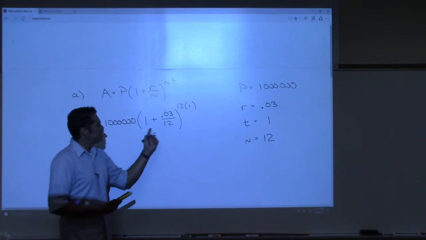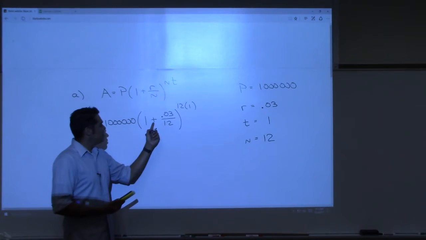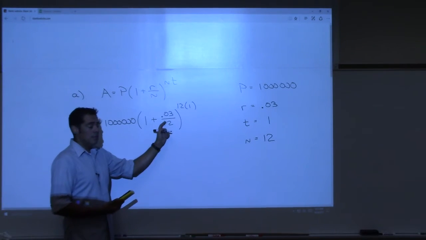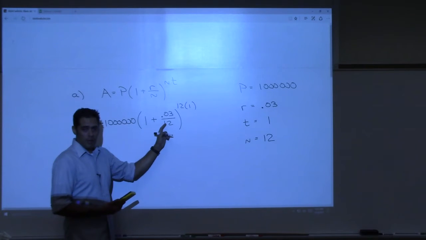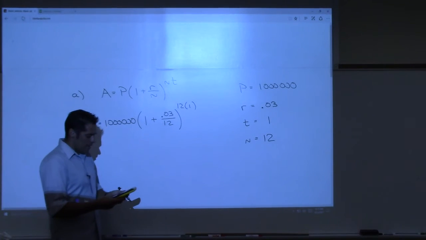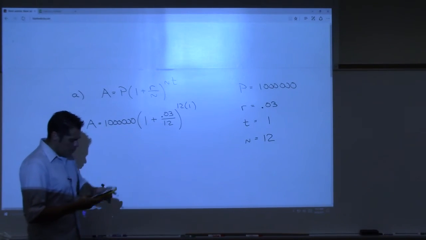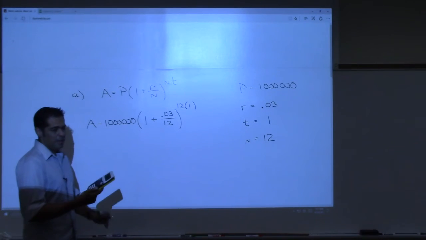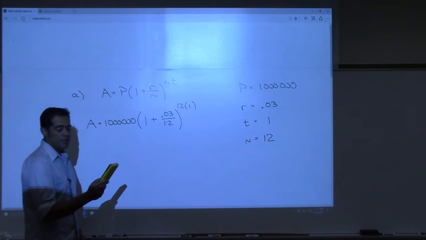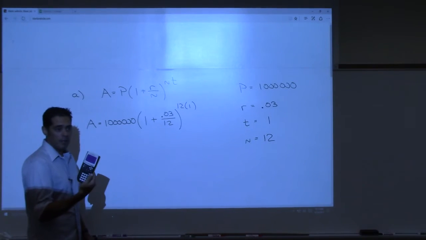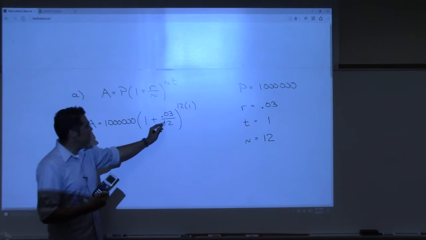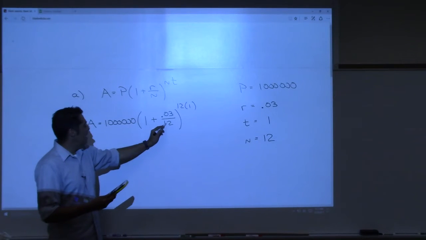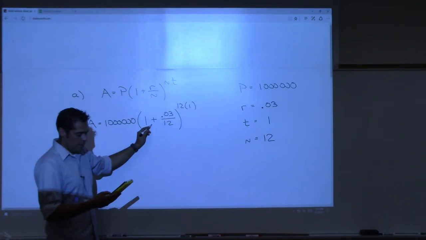So I need to do this. Inside here I have addition and then I have division. So I'm going to do the division first. So on my calculator, I'm going to do 0.03 divided by 12, and I'm going to get a pretty decent number actually. It's 0.0025, all right? So this right here is 0.0025, and now I'm going to add 1 to it, right?